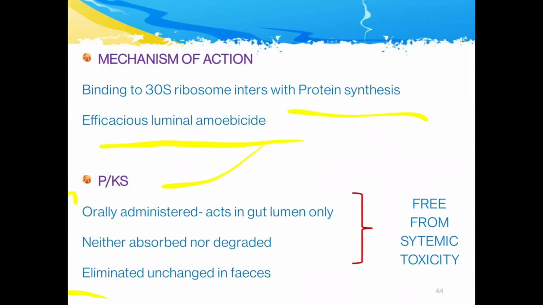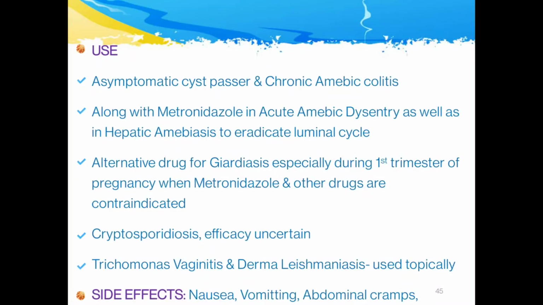On oral administration it acts in the gut lumen only, free from systemic toxicity, neither absorbed nor degraded, and eliminated unchanged in feces. Uses: asymptomatic cyst passers and chronic amoebic colitis, along with metronidazole in acute amoebic dysentery as well as hepatic amoebiasis to eradicate the luminal cycle.